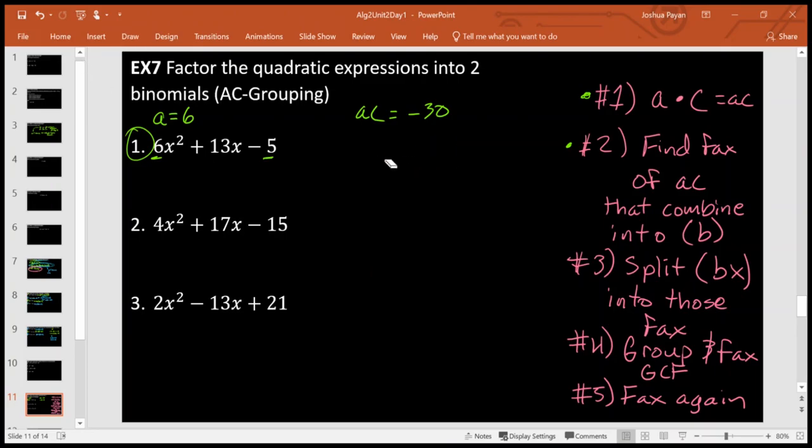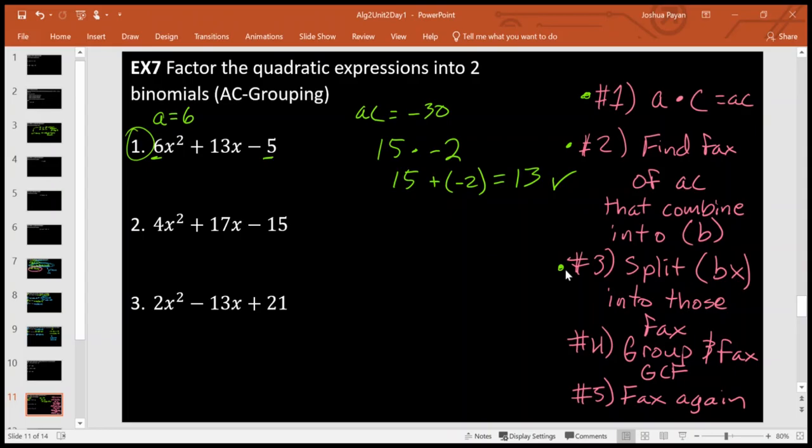Still doesn't work. Okay, well, what about, and a lot of this is trial and error unless you're just really good with numbers, and I'm trying to illustrate that here. So what about positive 15 and negative 2, right? 15 times negative 2 gives me negative 30, and 15 combines with negative 2 to give me positive 13. So that checks out. So I've got step 2 out of the way.